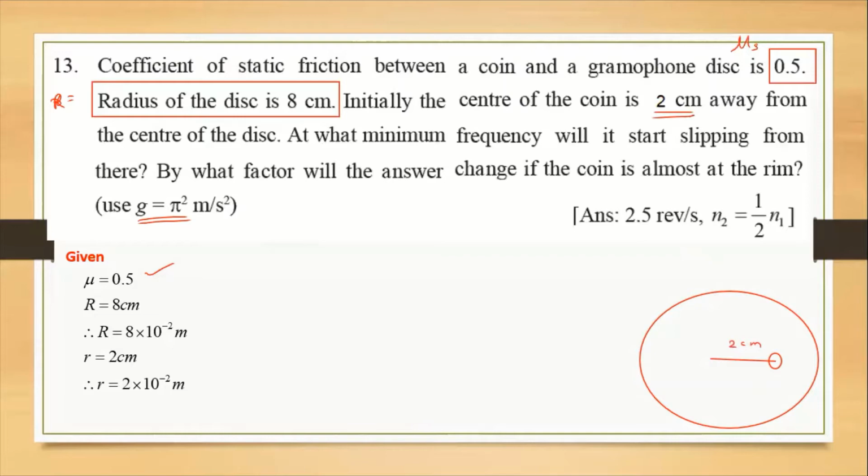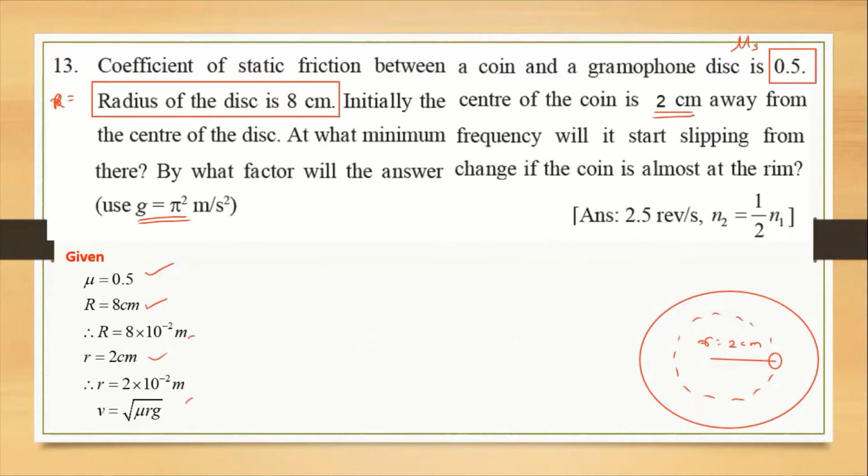As disc rotate, this coin also rotate like this. So I consider this 2 centimeter as a smaller r. And capital R is the radius of this gramophone disc. So they are in the centimeter, we convert into the meter.